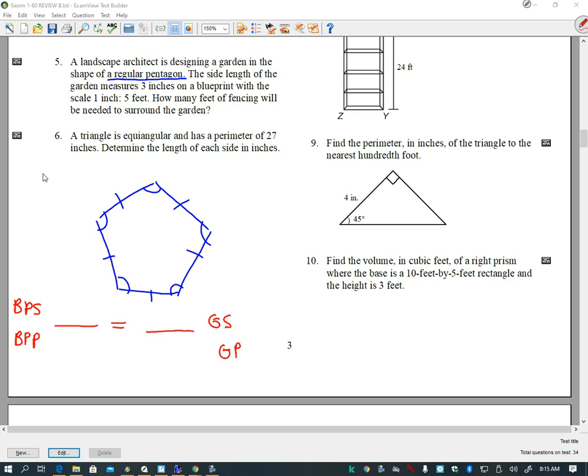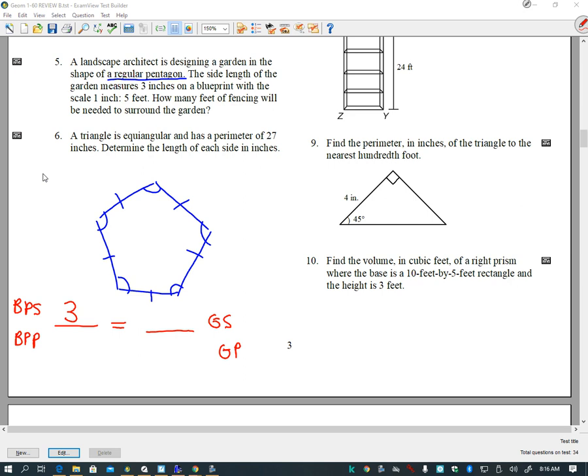The side length of the garden measures 3 inches. So I put 3 there, on a blueprint with a scale of 1 to 5. Okay, 1 inch equals 5 feet. So if on the blueprint that side is 3 inches, what is the number of feet?